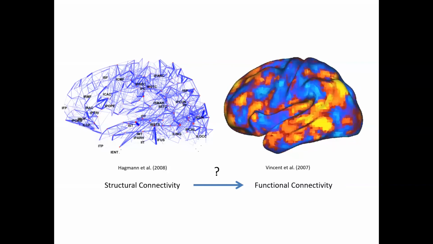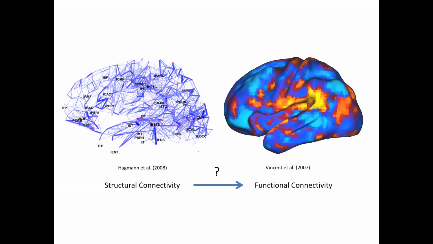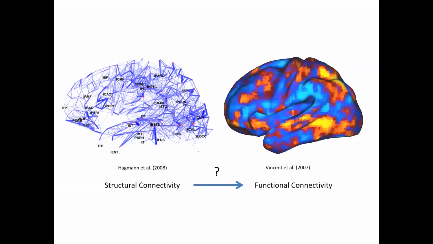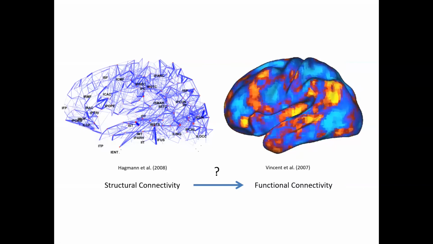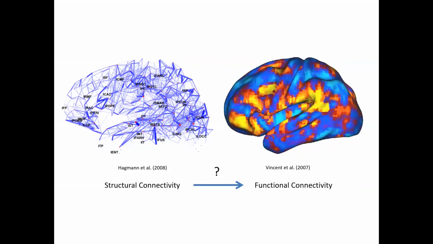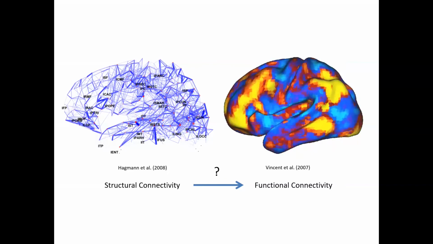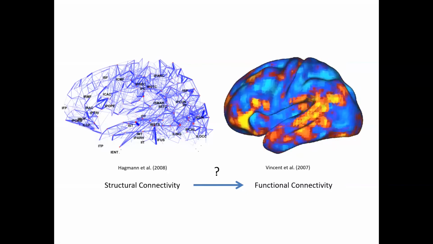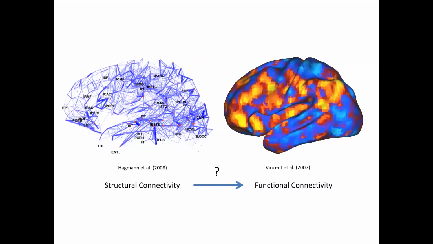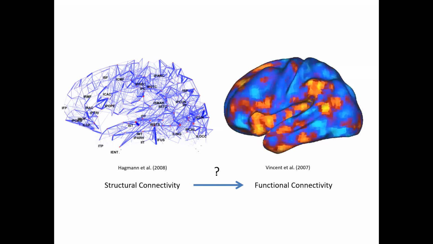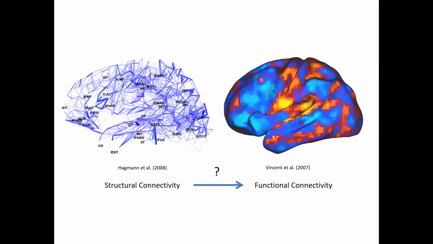And this question, in a more crystallized context in terms of human imaging: how do we get from anatomical connectivity of tracts and pathways to something as dynamic and flexible as functional activations and their relationships? That's where we've been applying a lot of our time and effort in the last couple of decades. What is functional connectivity and how do we compute it? We take a movie like what we've got on the right.